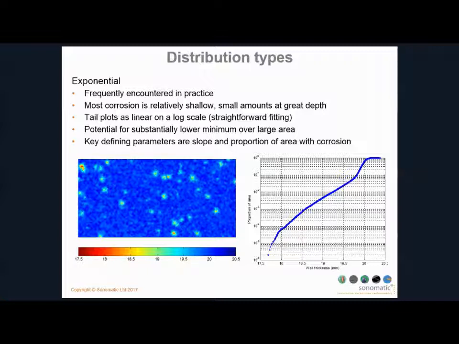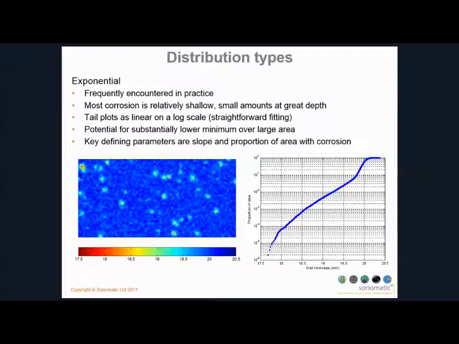So in the graphic on the right, looking at the slope of that curve, if that slope drops very rapidly, then you've got much lesser likelihood of very deep corrosion. And the other main parameter is what proportion of area is affected by corrosion. In this case, we can see that there's probably something around 10% of the area, corresponding to 10 to the minus 1 on the y-axis.